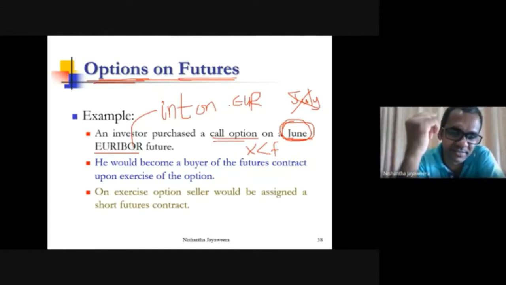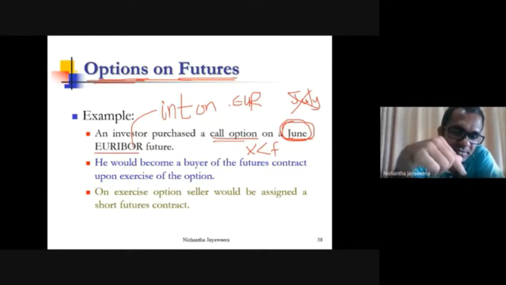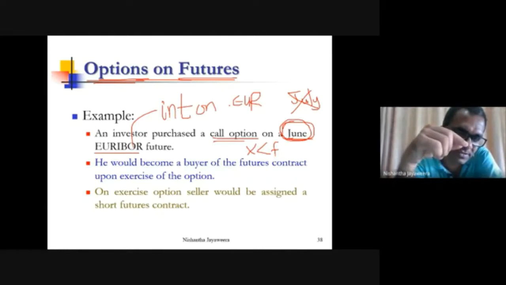Say you buy a call option, you make a profit if futures price goes up. If futures price goes down, you don't make a loss other than the premium that you paid.